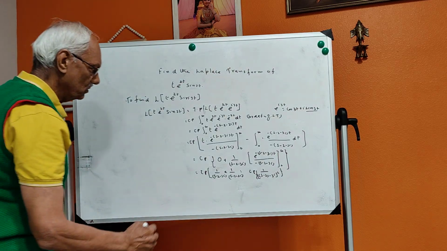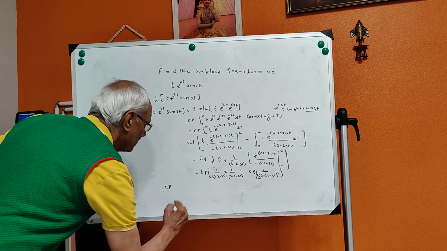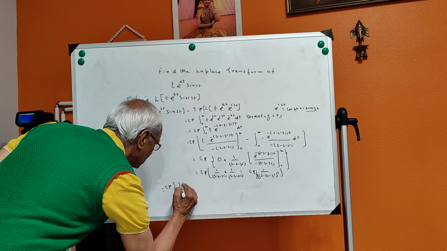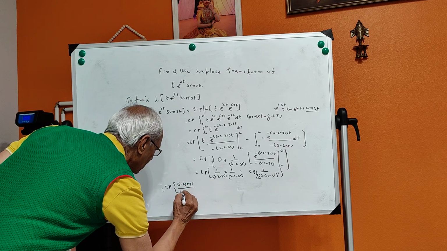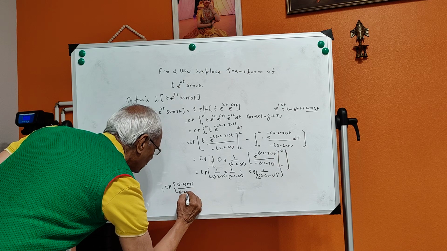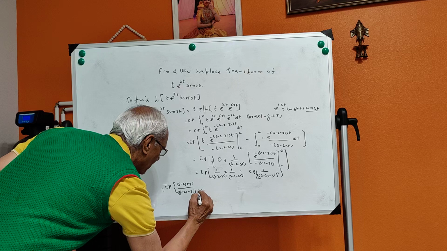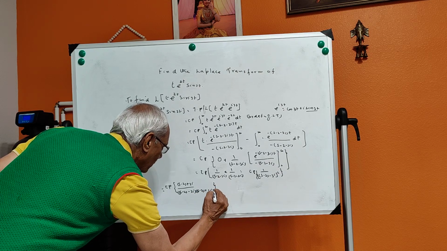So this is equal to the imaginary part of, I will write something here, s minus 2 plus 3i over s minus 2 minus 3i into s minus 2 plus 3i, whole square.